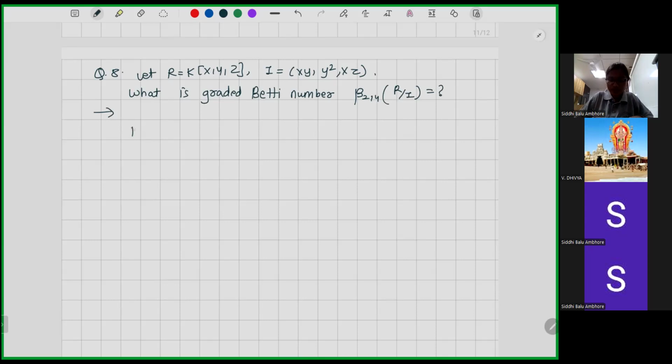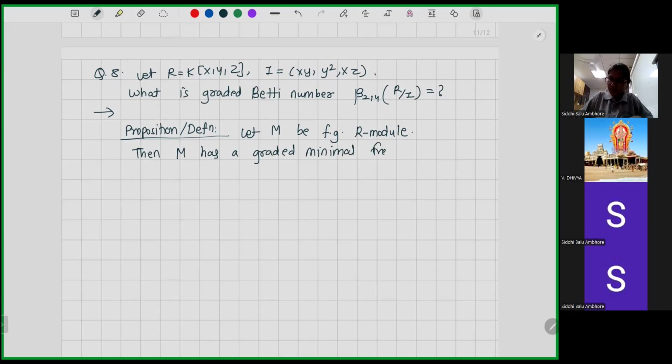First, let me quickly state this. So this is a definition plus proposition, whatever you want to call it. Let M be a finitely generated R module. Then M has a graded minimal free resolution. I hope you know what a minimal free resolution is.